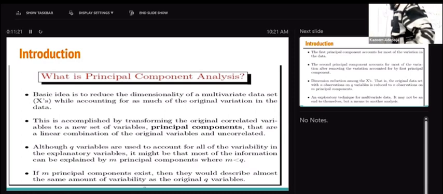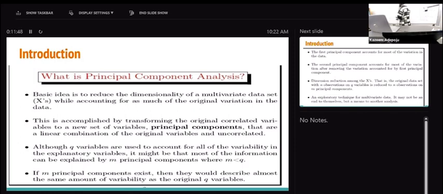So what I'm trying to say in essence is, if I have x1, x2 up to x10, but these are correlated, then I'm going to produce 10 new principal components.